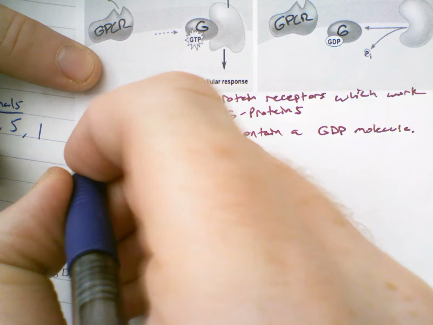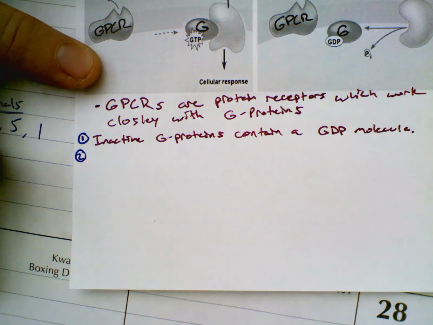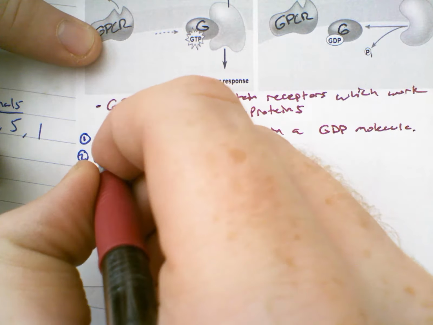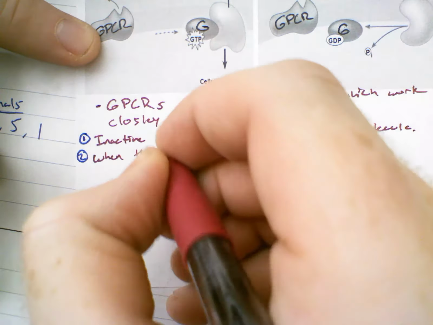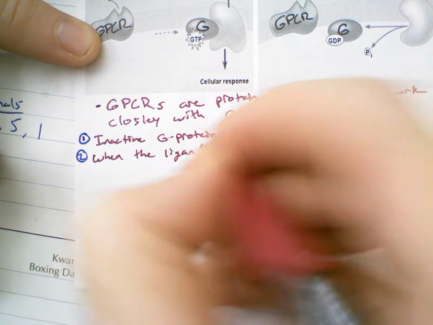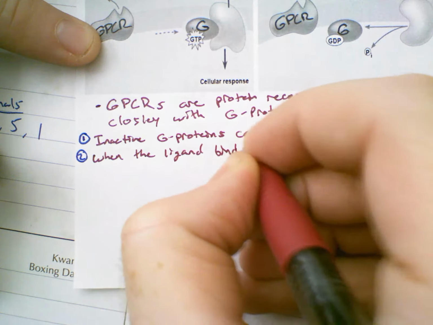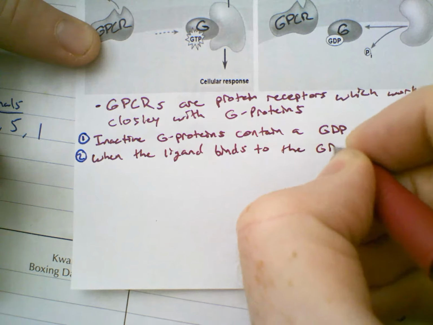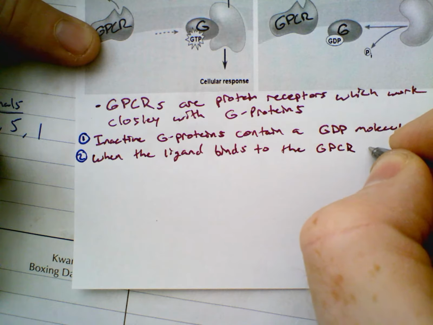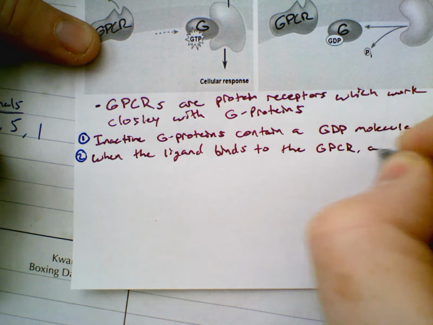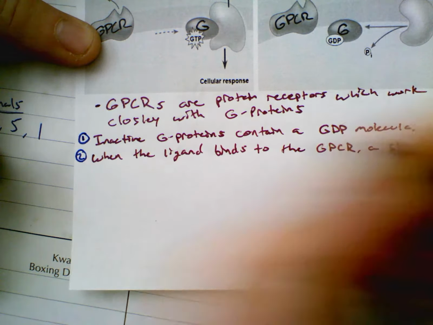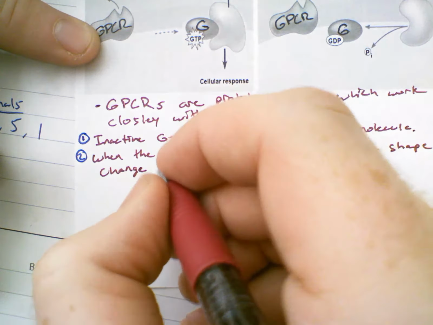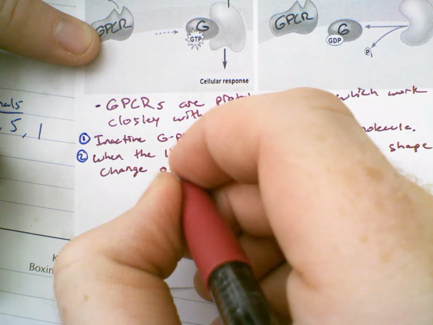Okay, so then step 2. It all starts with a ligand binding. So when the ligand binds to the GPCR, a shape change occurs, and that shape change is going to open.